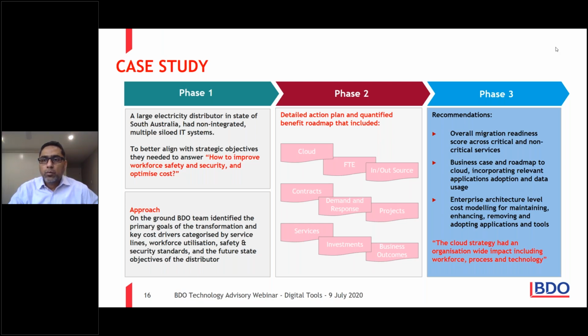So that's what we did with the client, and then the overall recommendations were around looking at what capabilities are critical and what are non-critical, and looking at their readiness to migrate to the cloud.